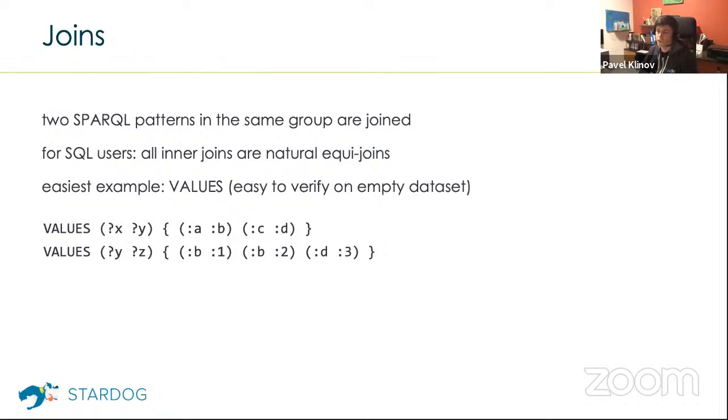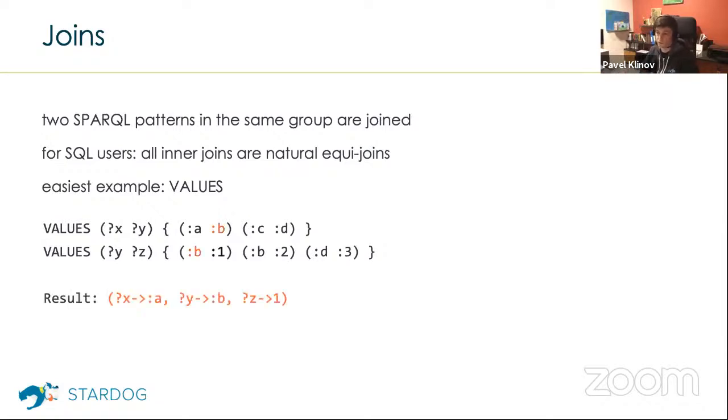The first one generates two tuples, a and b, and c and d, and the second generates three: b1, b2, and d3. If you join this, the join will be on the y variable. The y variable is the shared one, the join key.